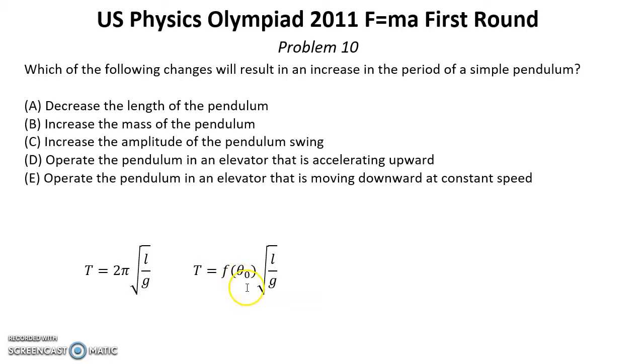For small angles it increases slowly, but after 15 degrees it will increase faster. So the amplitude will affect the period. If we increase the amplitude, the pendulum period will increase.